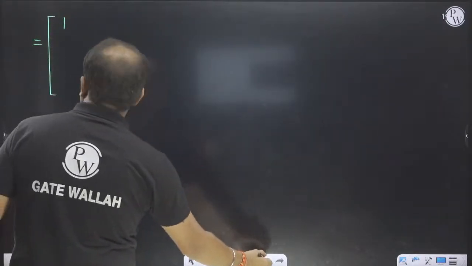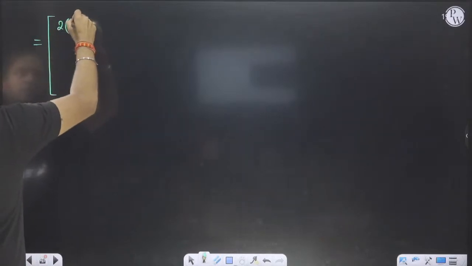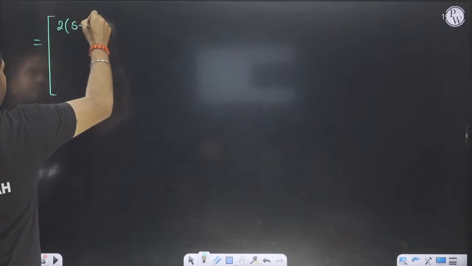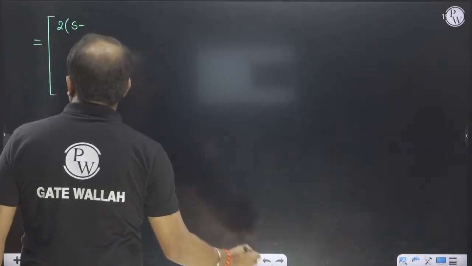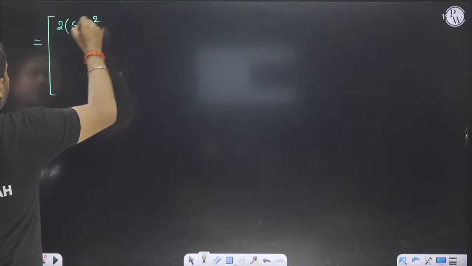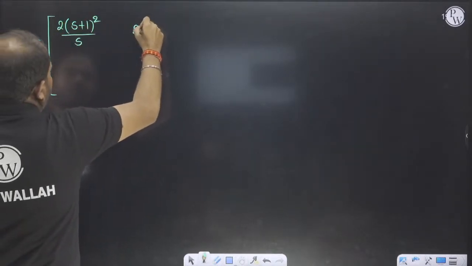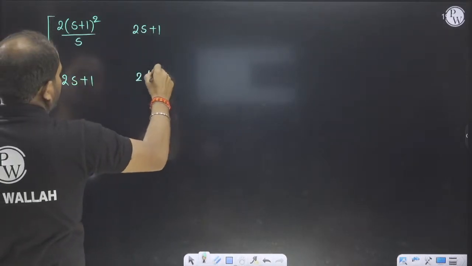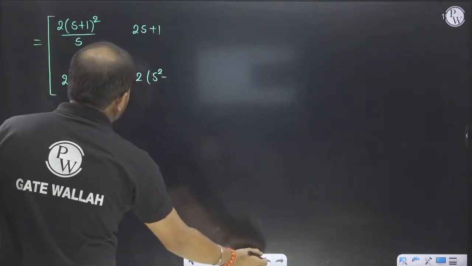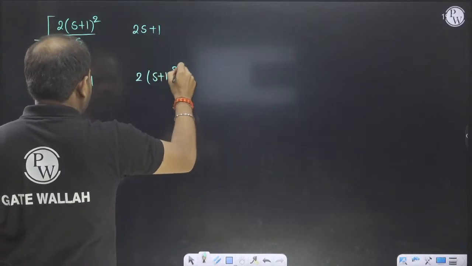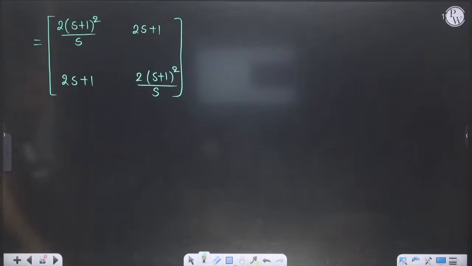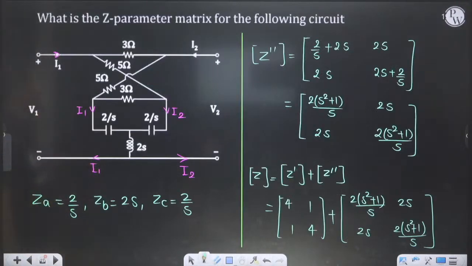We will get 2S square plus 4S plus 1 whole divided by S, and 2S plus 1, 2S plus 1, and 2S square plus 4S plus 1 divided by S. This is our Z parameter. So we have calculated the Z parameter of this network.